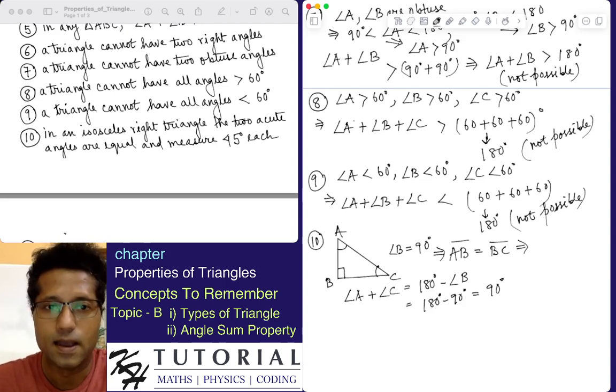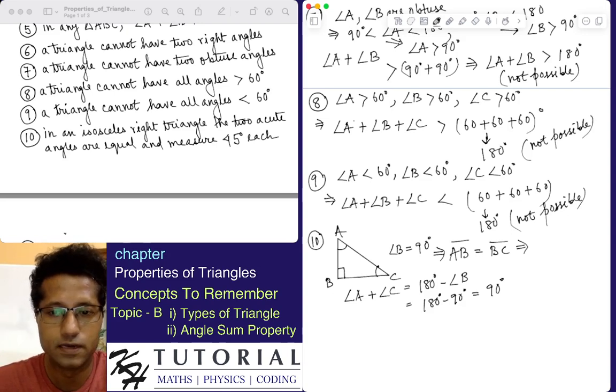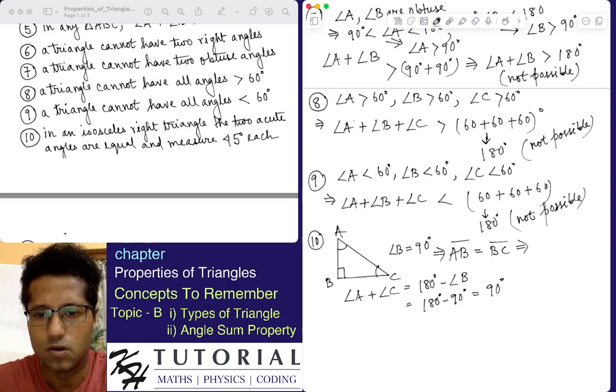Since the two sides are equal, it is given that it is an isosceles right triangle, and if we assume that it is right angled at B, that is B is 90 degrees, then it cannot have another 90 degree angle. So the other two acute angles, angle A and C, must be equal, and their sum is equal to 90 degrees.